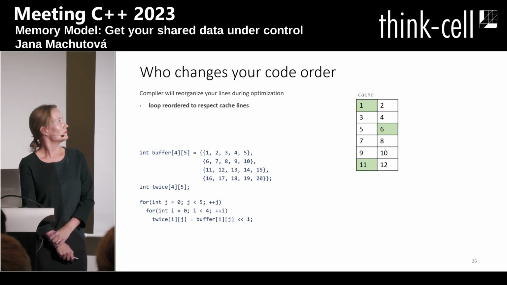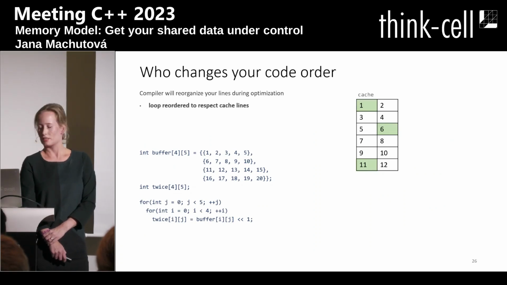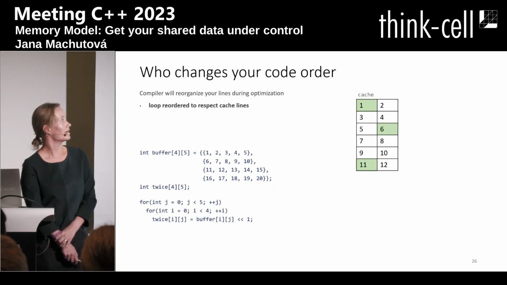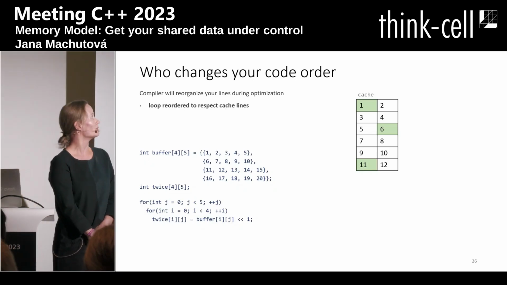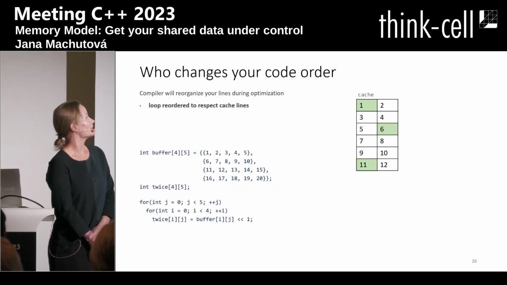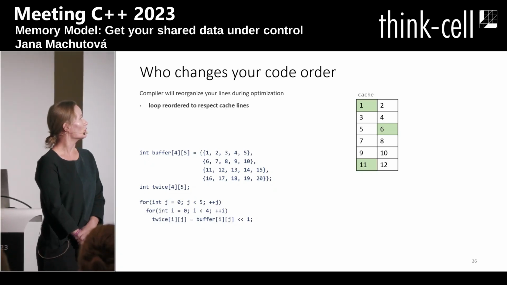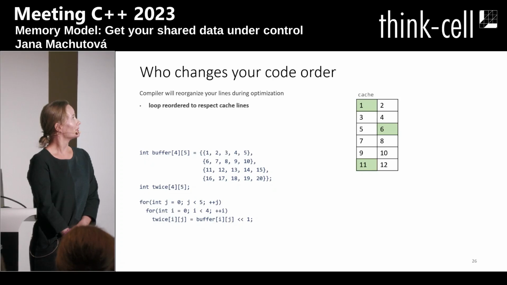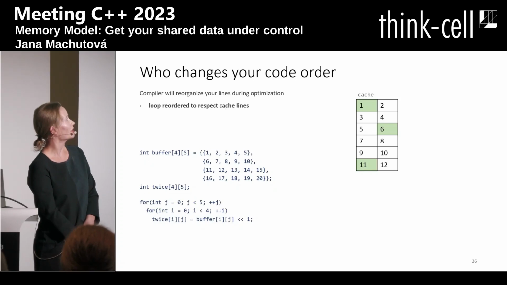To adapt to this flow, there are many optimizations which the compiler does for you. First, the compiler will reorder your code. I have just 2 examples of what may happen. Here you have a simple loop over a 2-dimensional buffer, and you are reading in columns.